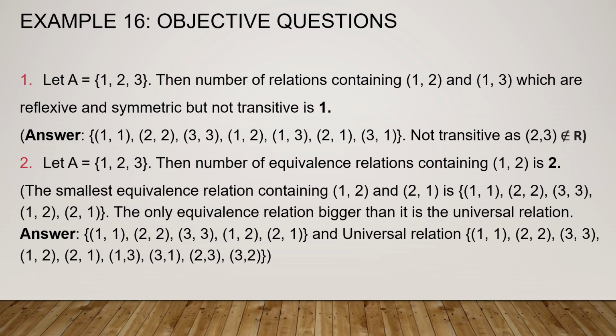Now if you check over here, it will always be transitive because all the ordered pairs you have included. And no other relation. Suppose if I take out (3, 2) from the second set which I have defined, what will happen? It will not remain symmetric because (2, 3) will be there but (3, 2) will not be there. So in short, only two possibilities are there for equivalence relation, and that is the smaller set and the universal relation. Okay, so for these types of examples, you just need to think and give the answer.